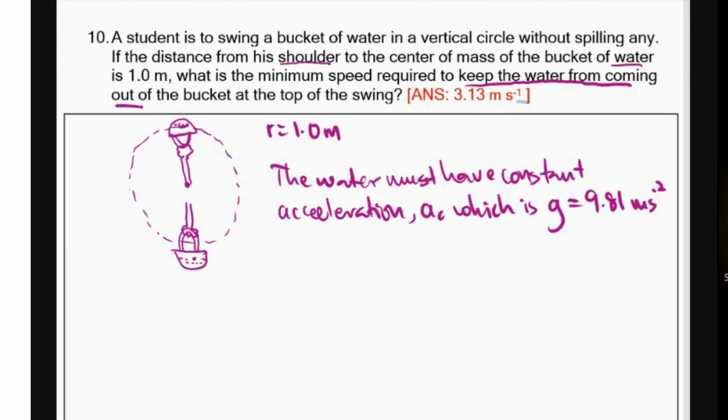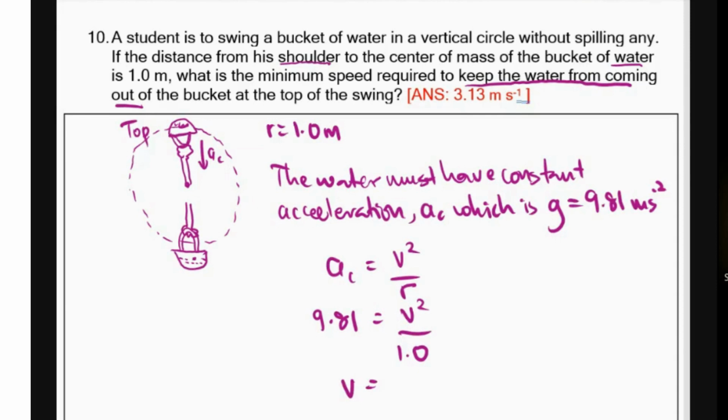So to find v for the question, you can use the formula of centripetal acceleration. In this case, at the top of the swing, AC is pointing downward. So AC is v squared divided by r. So AC now is equal to 9.81. And v is the one we are looking for, r is the radius.